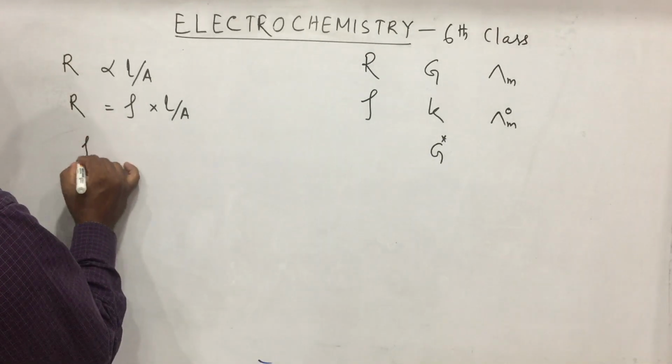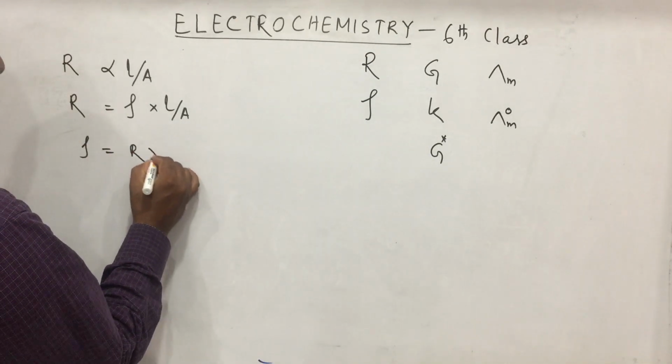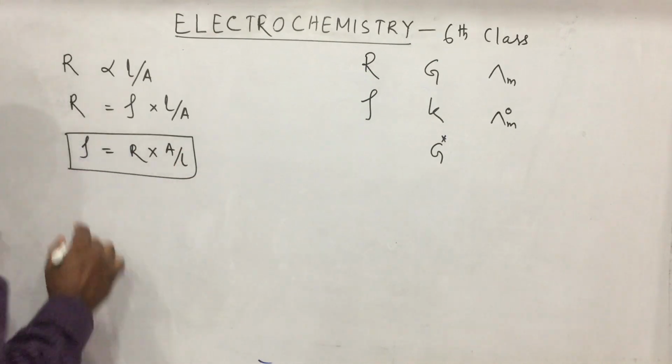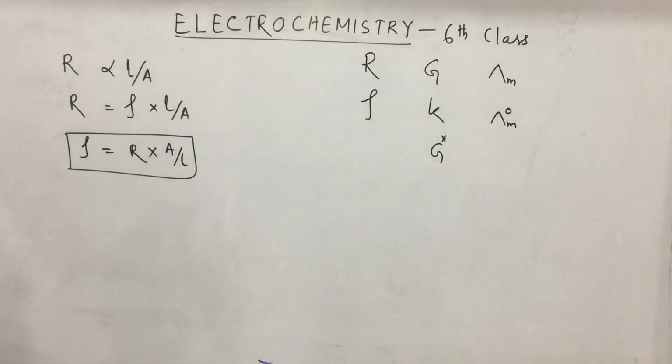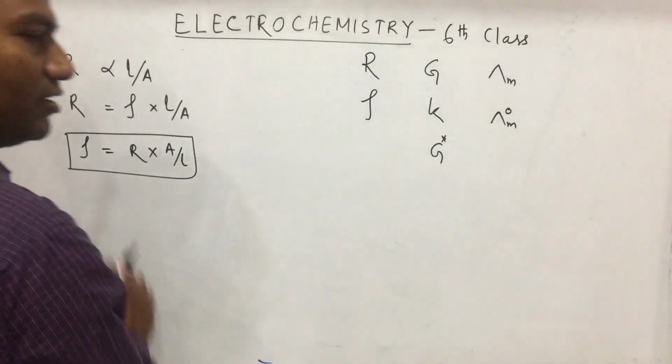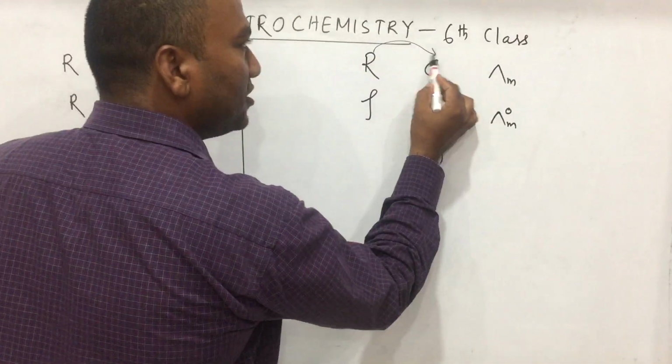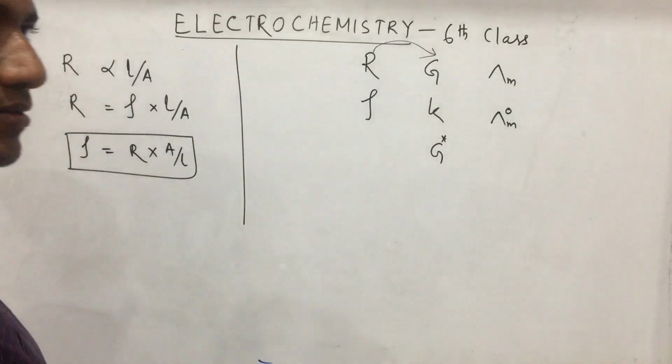So rho equals R into A by L. This is called resistivity.